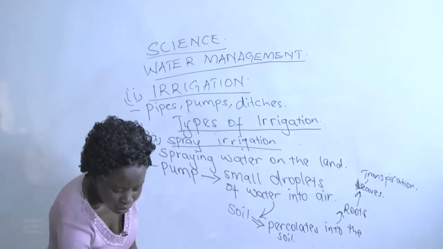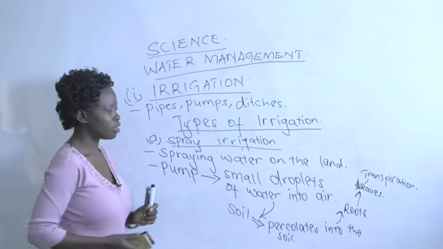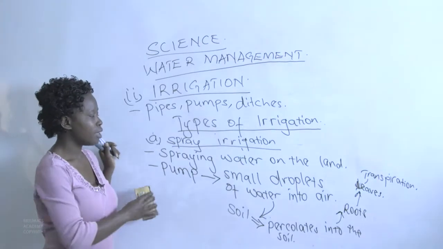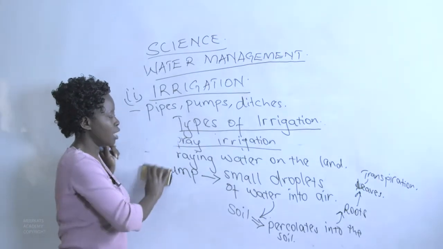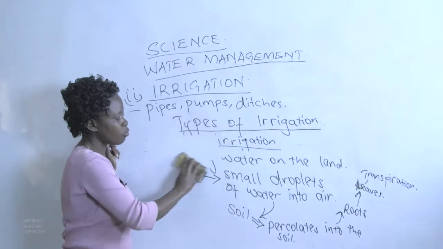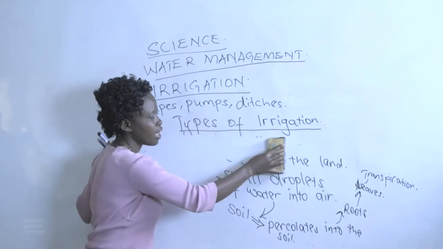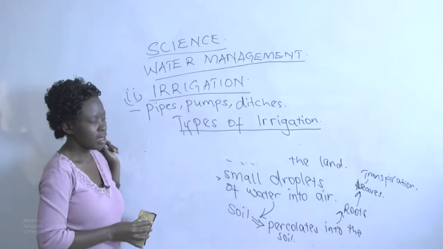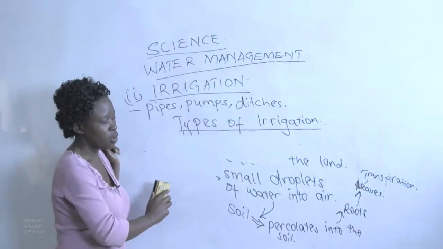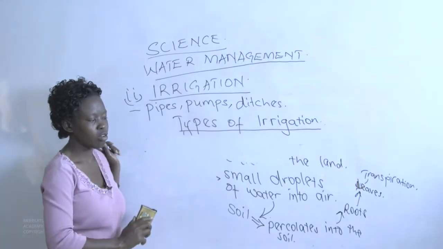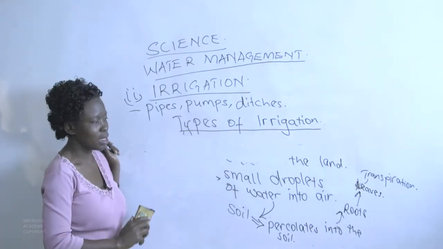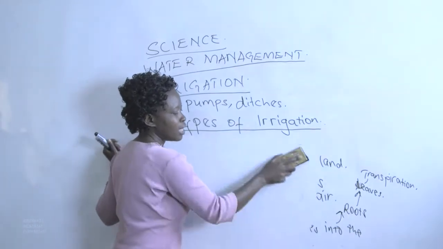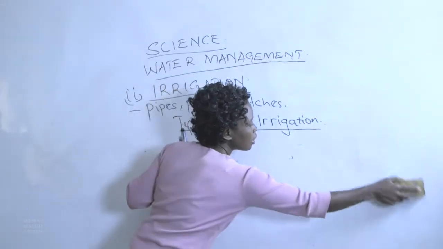It is important for us to get to know the difference between the spray irrigation and the rainfall. Rainfall also falls on the surface of the earth as small droplets of water. Spray irrigation, we are having small droplets of water being forced out by the pump. But what is the difference between spray irrigation and rainfall?